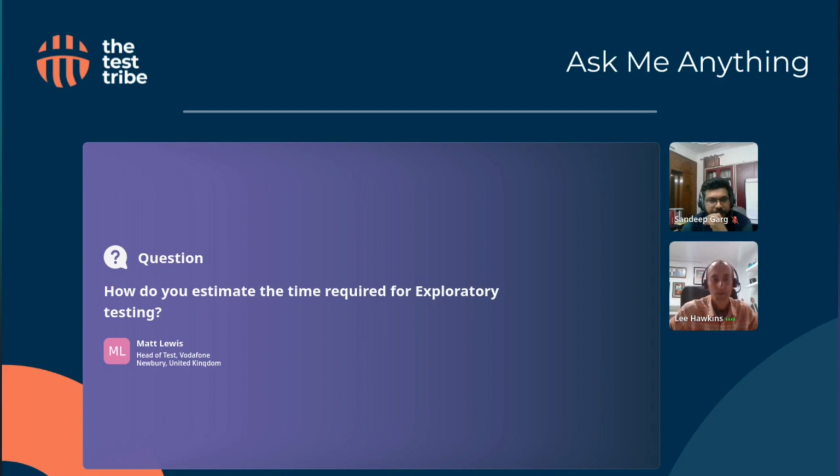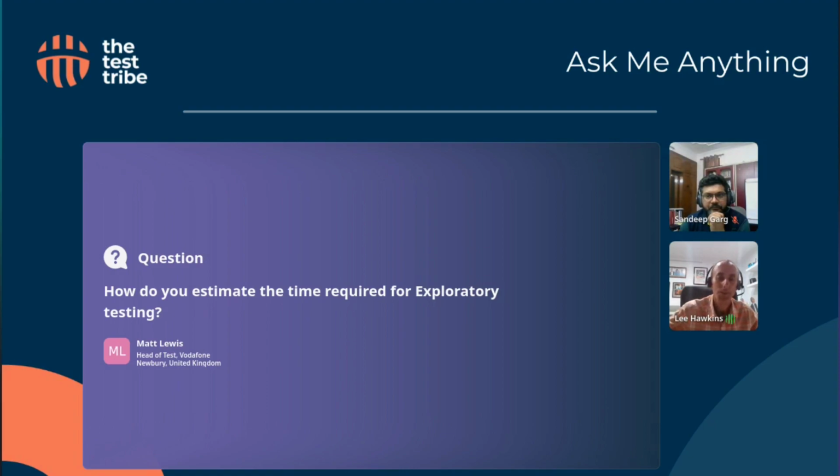But for exploratory testing, the way that I've found most useful in coming up with estimates is again related to this idea of charters. So having charters for scoping out the exploratory testing that you would tend to do, and breaking the execution of that test effort into sessions.